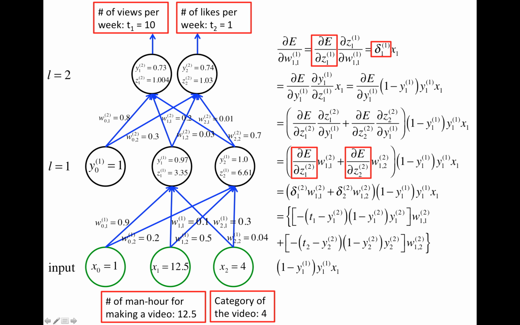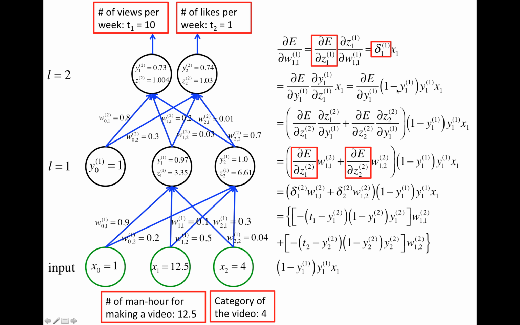So the derivative of the error with respect to the logit Z11 can be written as the derivative with respect to the neuron output Y11 multiplying the derivative of the output of the sigmoid function Y11 with respect to the logit Z11. And here again, we can use the explicit representation of the sigmoid derivative.